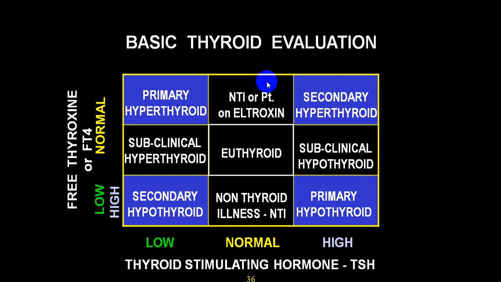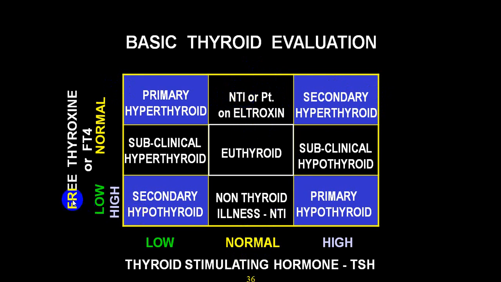And if T4 is high, free thyroxine is high, and if TSH is normal, it is a person who is on thyroxine or a person who is having non-thyroid illness.